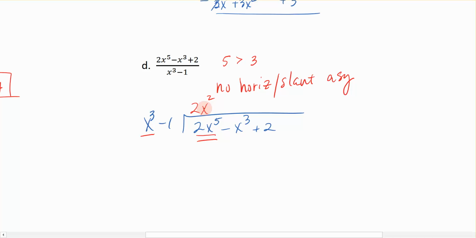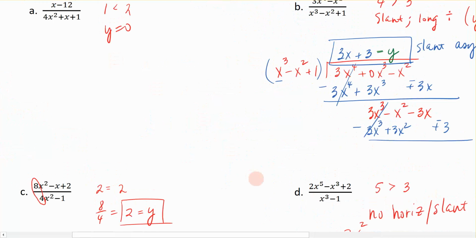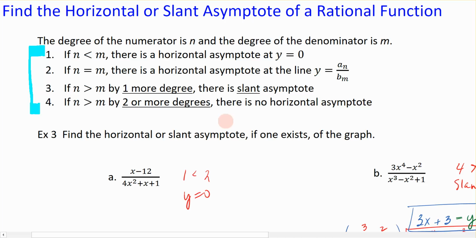And all of the asymptotes that I'm looking at are lines. They're either vertical lines, horizontal lines, or slanted lines. And in this case, this is not a line at all, it's a curve. And that's how come when the numerator is greater than the denominator by 2 or more, there is no horizontal asymptote. So the criteria that you're going to be using is based on these 4 criteria right here, and that's what you're going to use to find either a horizontal or a slant asymptote.